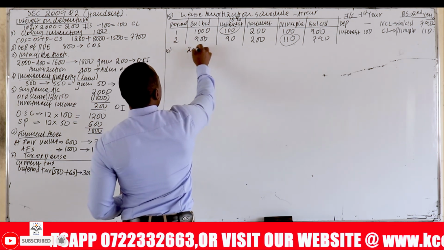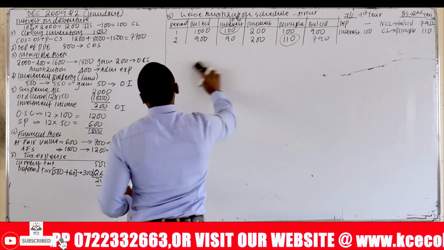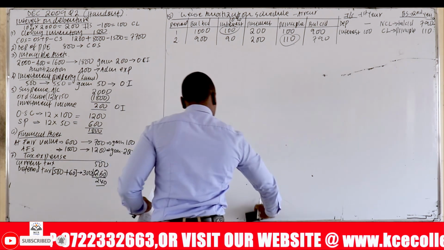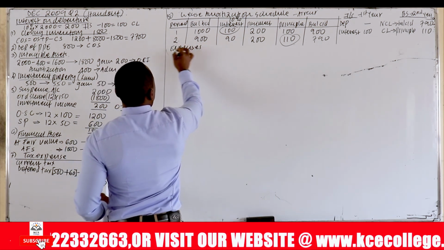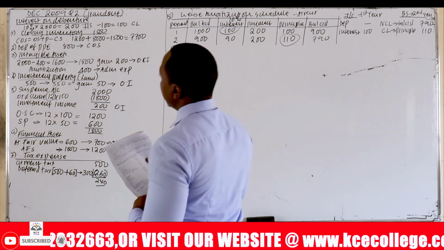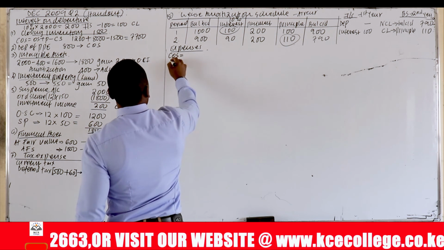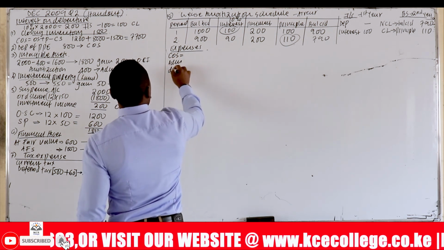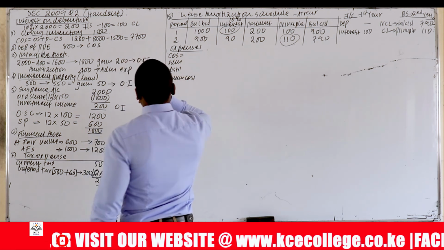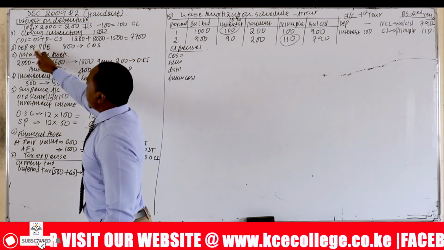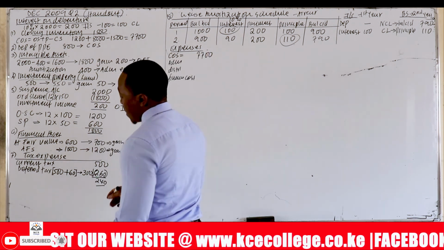Before I present the financial statement, let's compile the expenses. For the expenses, we have the cost of sales, admin, distribution, and the finance cost. For the cost of sales, the opening balance was 7,700. How much was the admin?